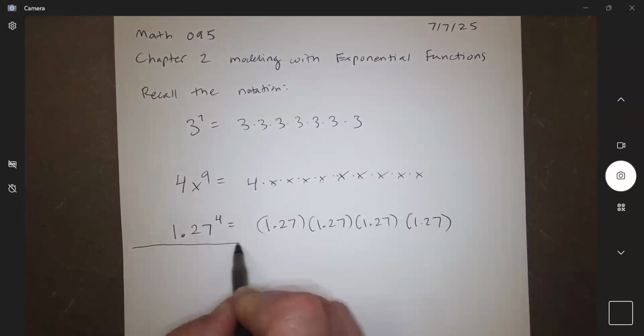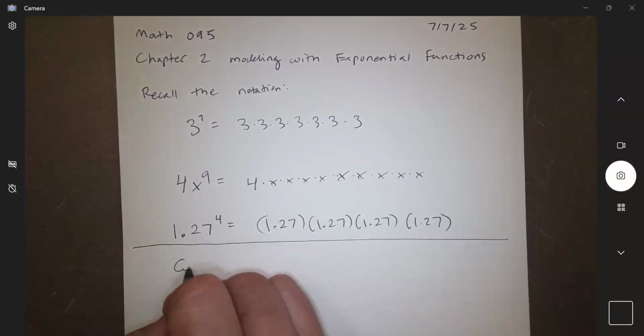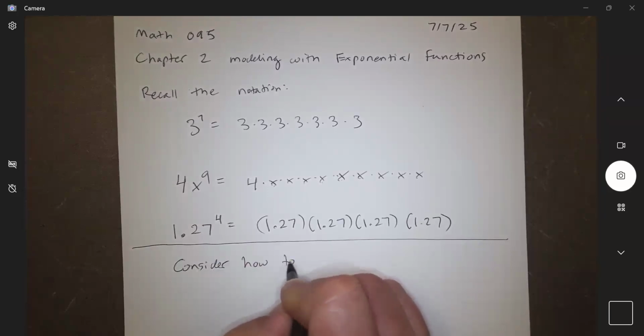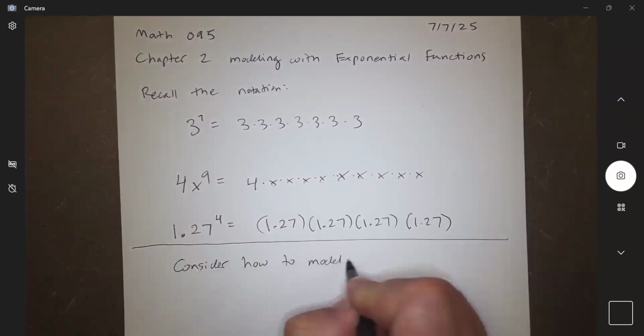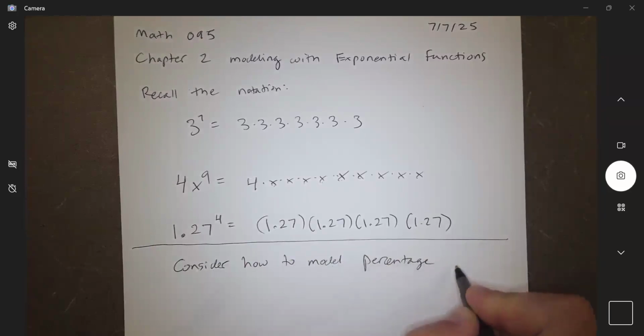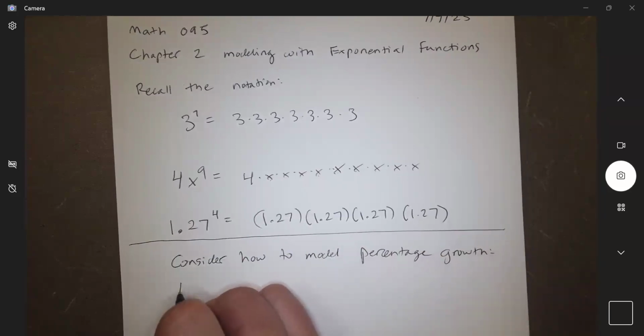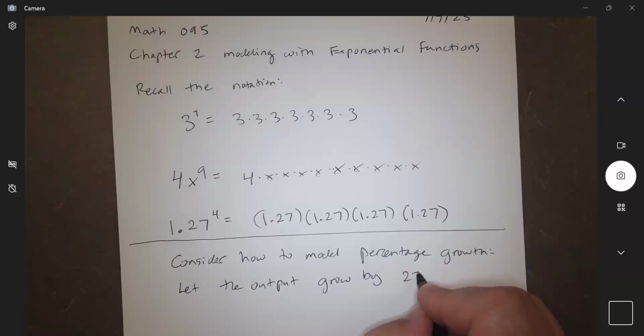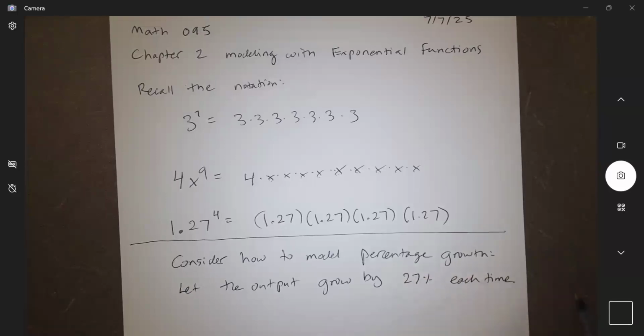So with that in mind, let's consider how to model percentage growth. And what I mean by that is let the output grow by, for example, 27% each time.